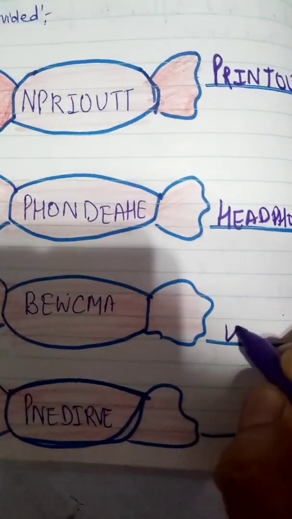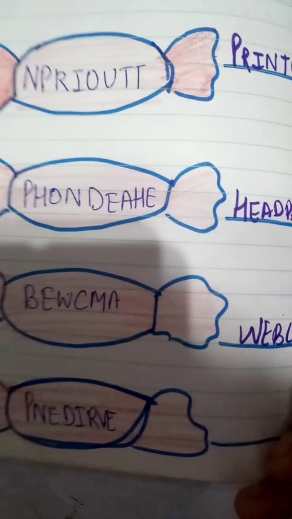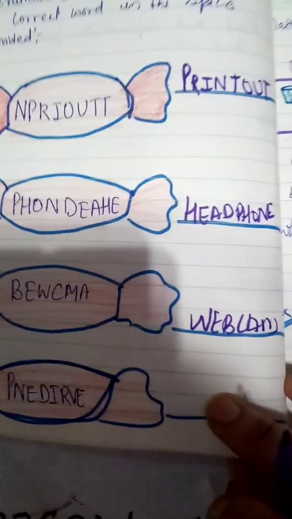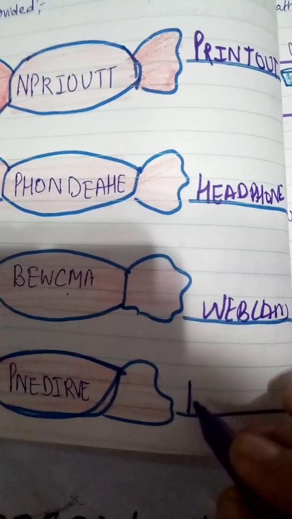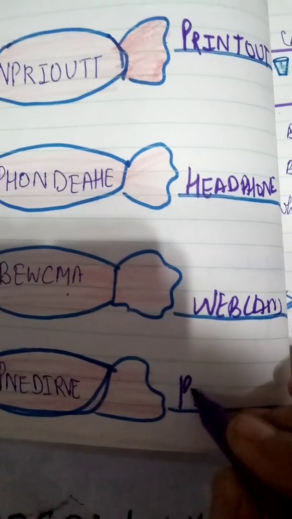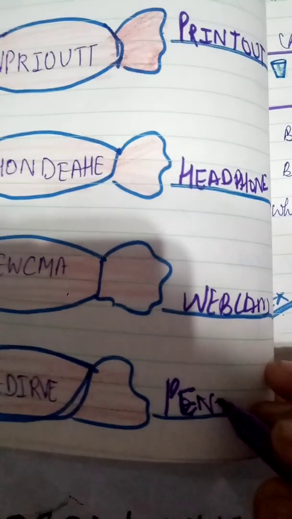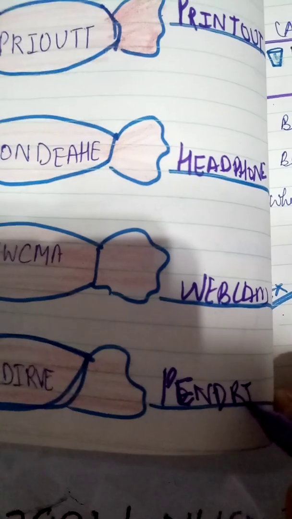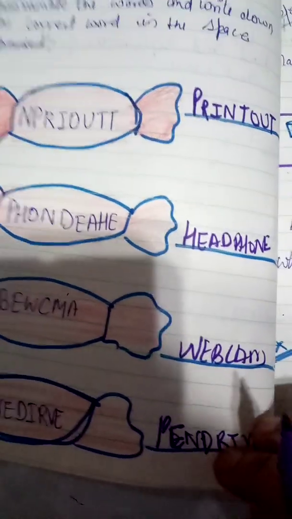So it's WEB, CAM, webcam. Okay, now PNEDRAIVE. So it's PEN DRIVE, pen drive. So let's read it again. Printout, headphone, webcam and pen drive.